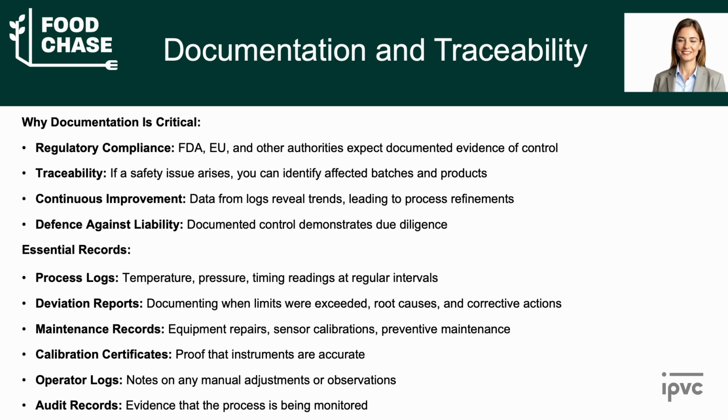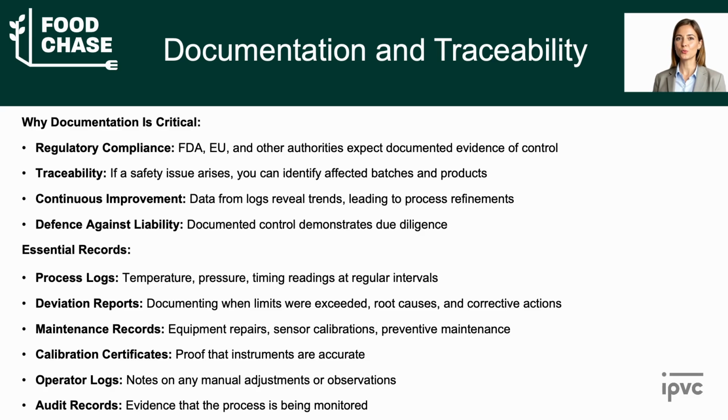Beyond compliance, documentation gives you data. Over months and years, you can see trends in your process. Maybe the average temperature drifts up slightly each month, suggesting that your heating element is becoming less efficient. Or maybe you notice that deviations are more common on Tuesdays. Maybe it is the day a certain operator is on shift, suggesting a training need.